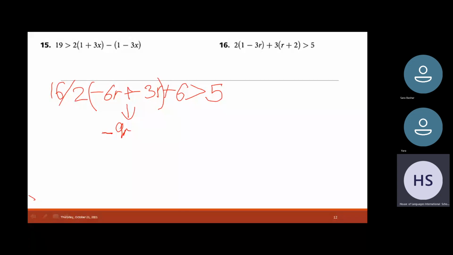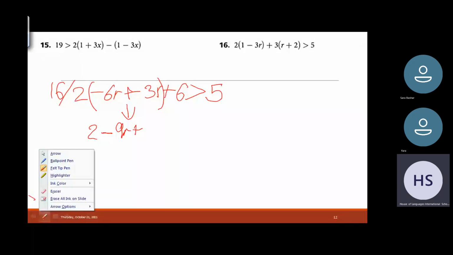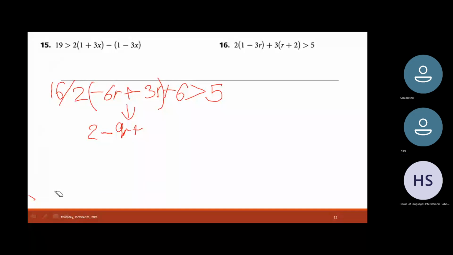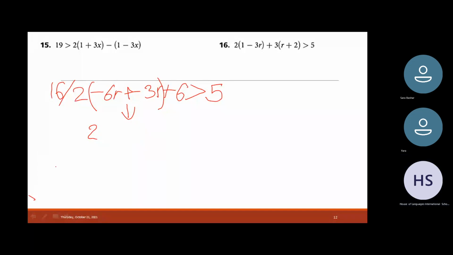Now wait, negative 6 plus 3. Here you have different signs. One is negative and one is positive. So subtract. This is plus, must be plus.